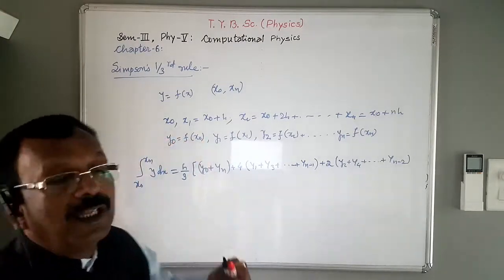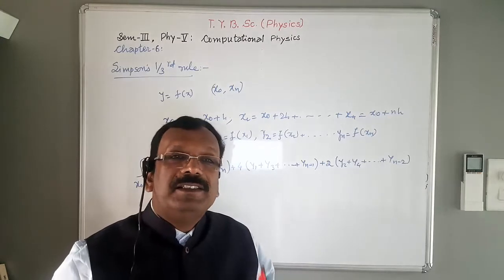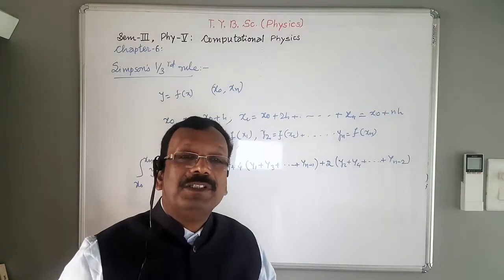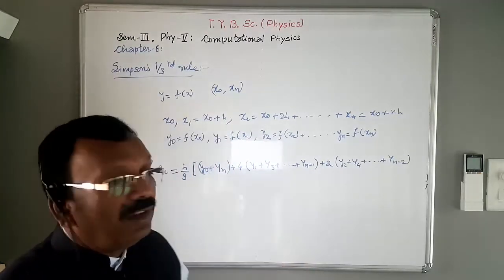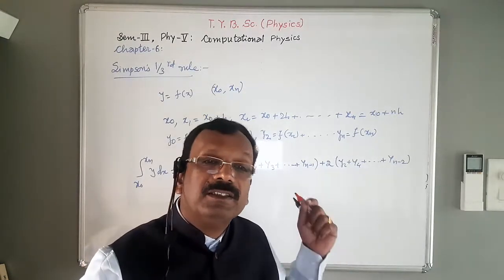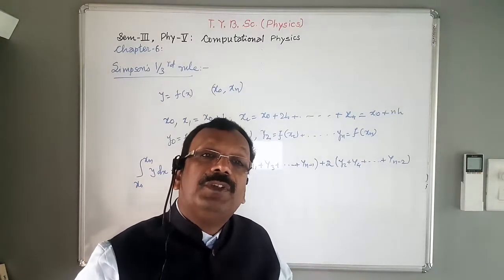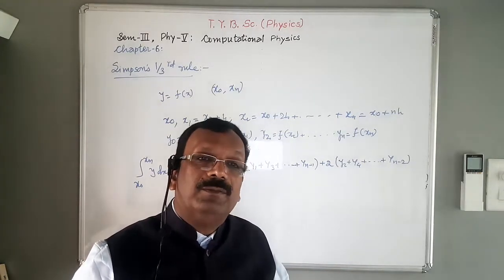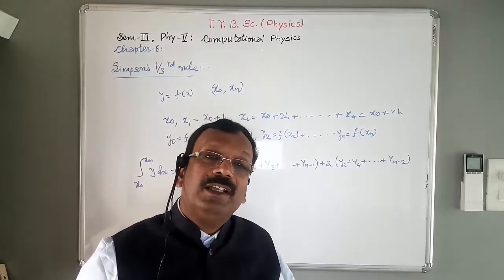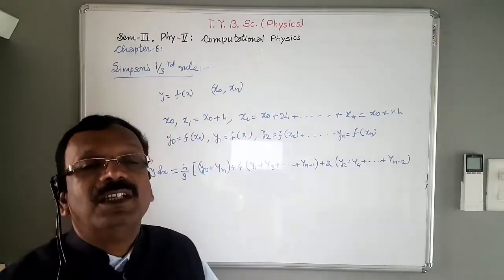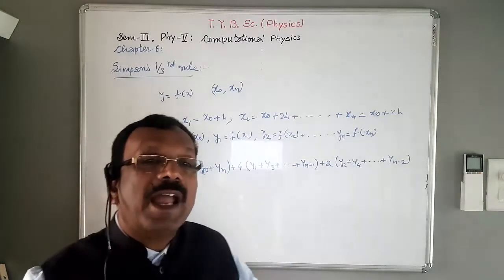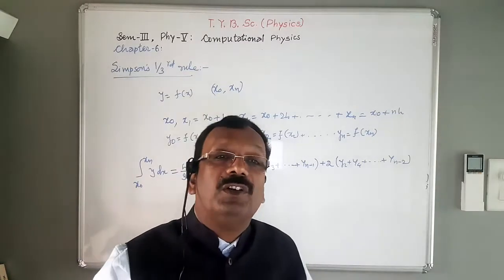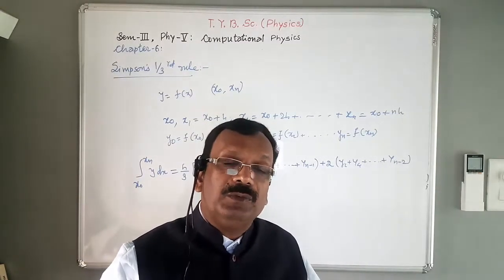Now we are going to see a simple example, and this example is very important from the exam point of view. When we solve this example, you can develop the algorithm, draw the flow chart and prepare a program for Simpson's 1/3 rule, because there is a minute difference between the trapezoidal rule and Simpson's rule.